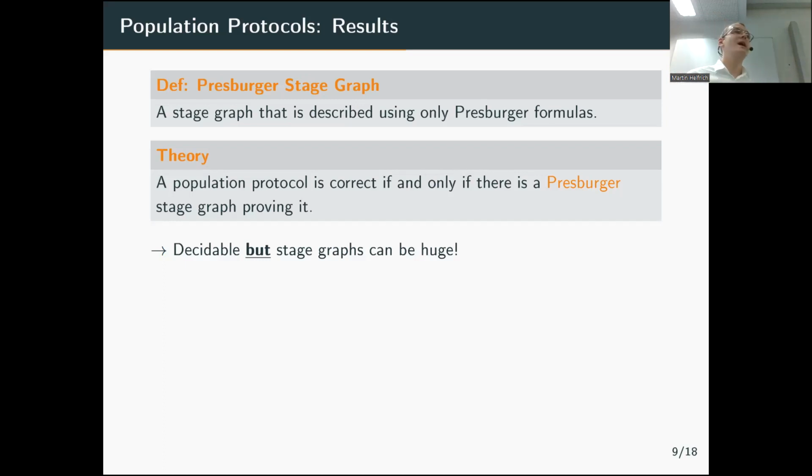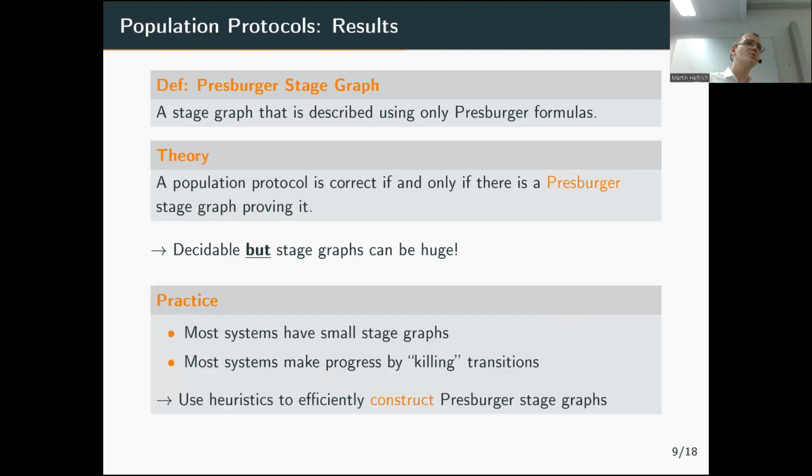However, it does not really help us in practice, because these stage graphs can be huge, right? So that's not practical at all. And remember, the topic of my thesis is practical analysis, efficient analysis. So what we do in practice is something slightly different. We use 2 properties of population protocols. Most systems have a small stage graph, so that's great. So we can try to get one of these.